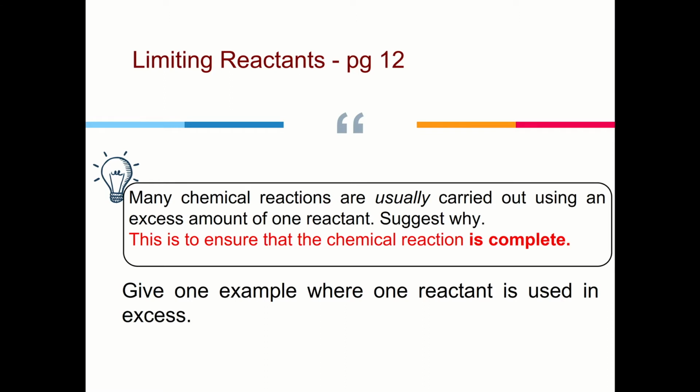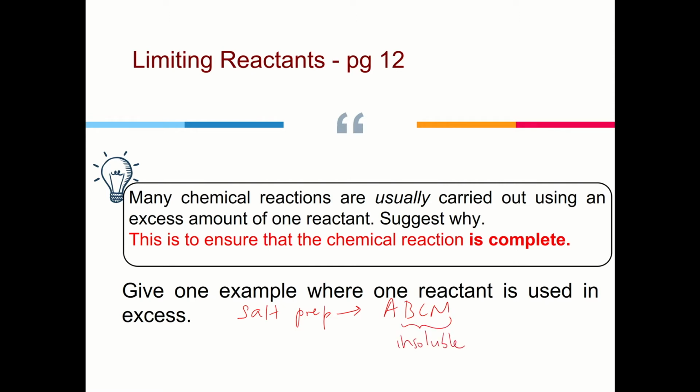There is one reaction you have learned where one of the reactants is in excess. Can you recall? Pause the video and recall. That will be your salt preparation, and the method is your ABCM: acid reacting with insoluble base, carbonate, and metal.